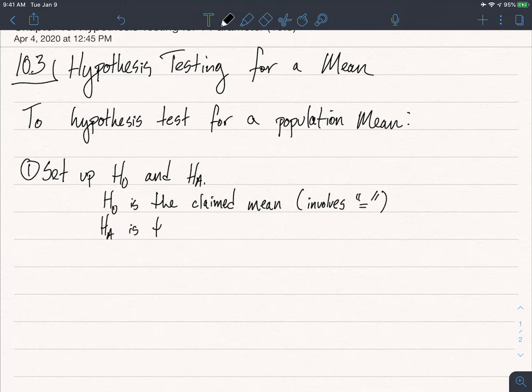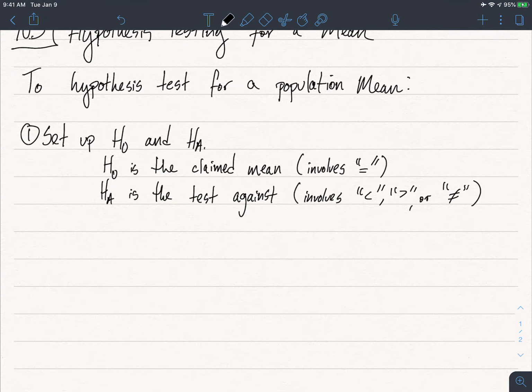HA is the test against, and involves less than, greater than, or not equal to. So first step is the same, right? Set up H0 and HA. H0, H naught, the null hypothesis, whatever you want to call it, should involve an equal sign, just like before. And HA is the test against, so it should involve your inequality, less than, greater than, or not equal to.